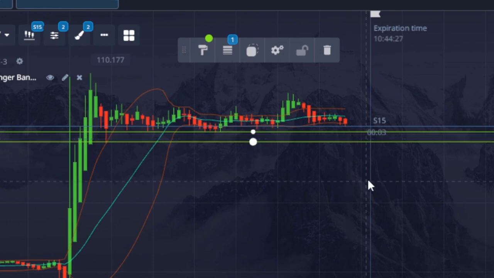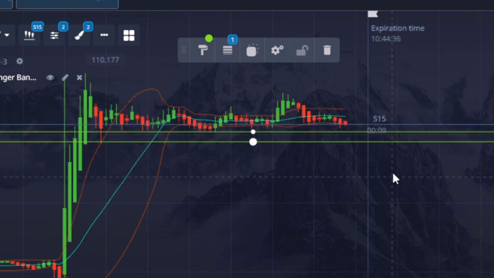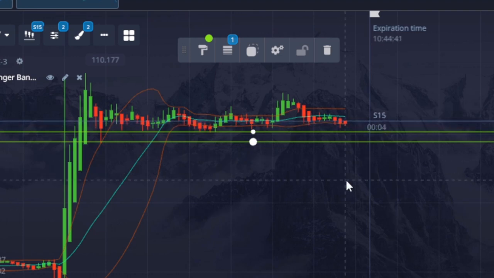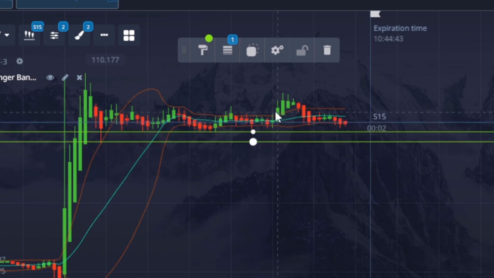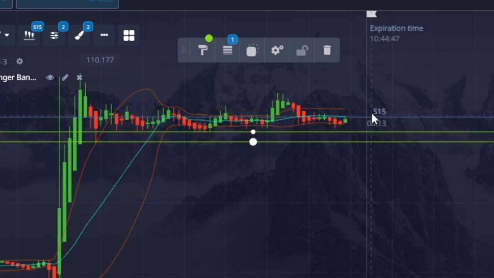Accompany this strategy with price action to gain better insights. Observe the price behavior and ensure your entry criteria match your strategy. Wait for at least one confirming candlestick before making a move. That is the best choice.